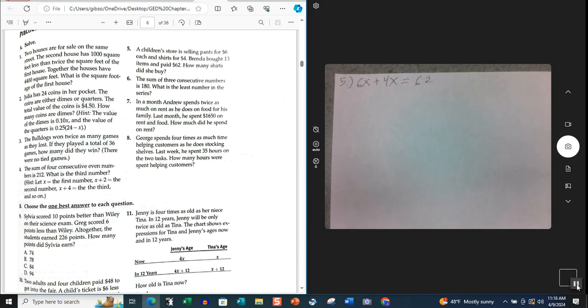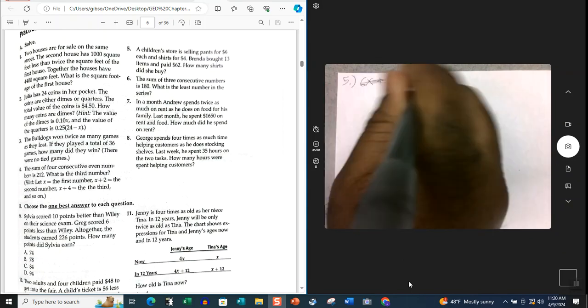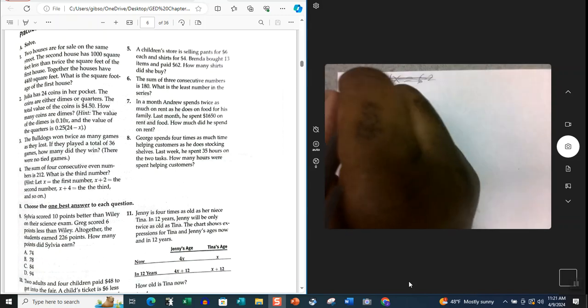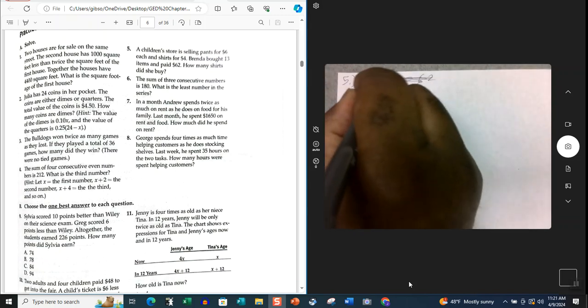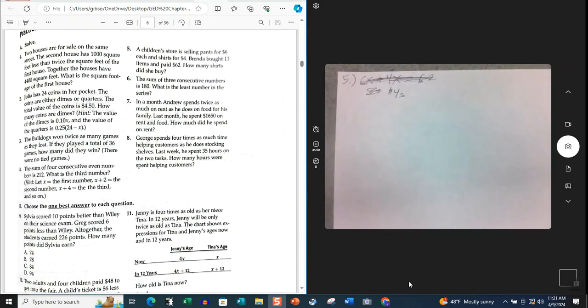All right. Okay, class, I'm going to have to take a different approach from this, because when they threw in the part that they bought 13 items, that kind of threw the problem off a little bit. So here we're solving for shirts. So basically everything would revolve around the shirts. So we know it'll be $4 times the shirts.